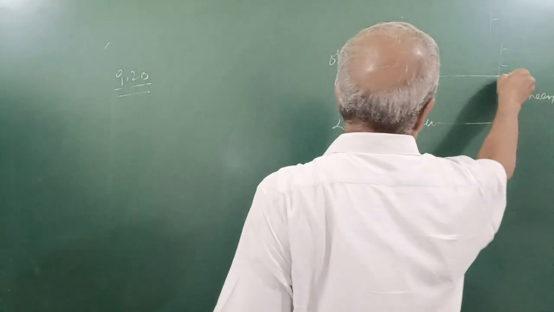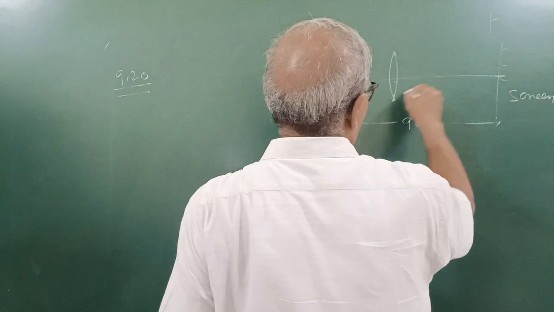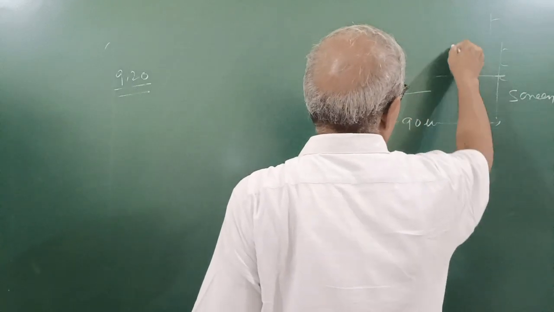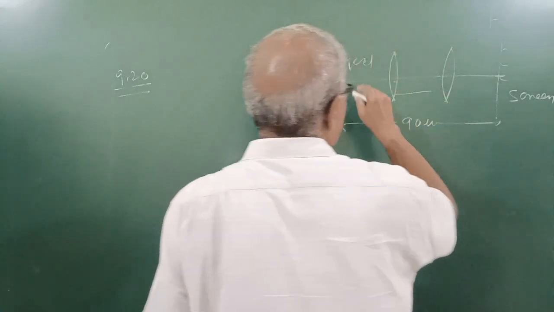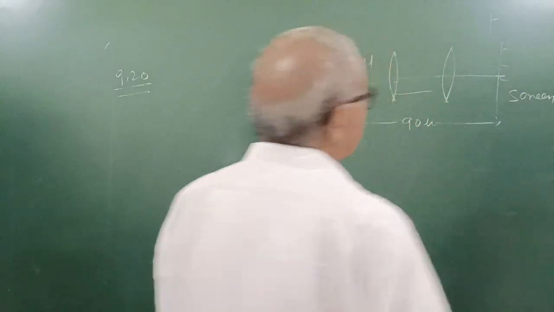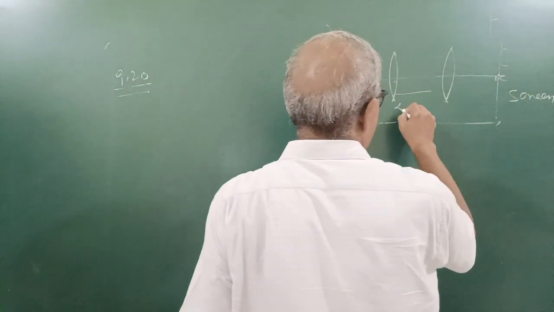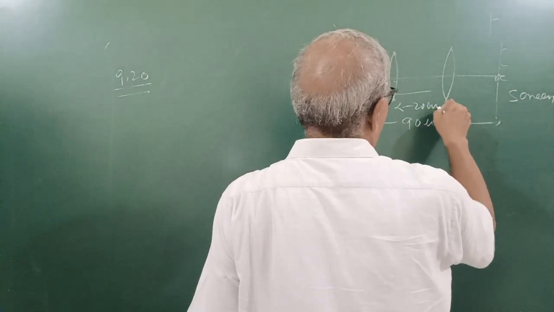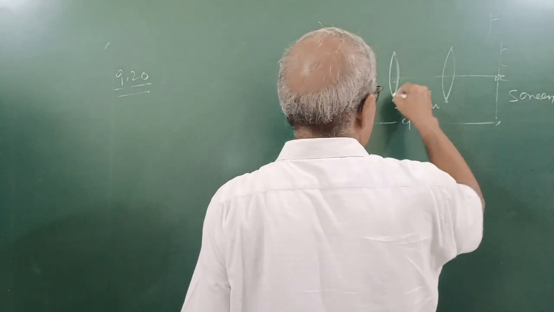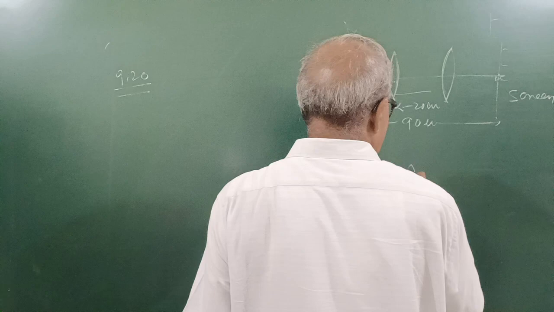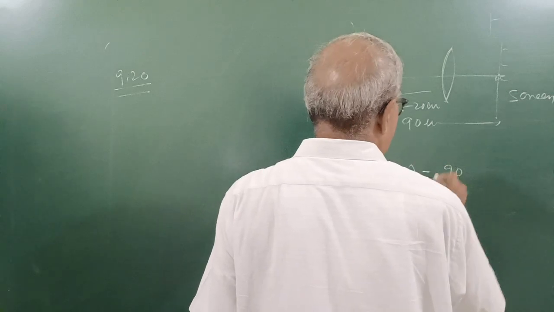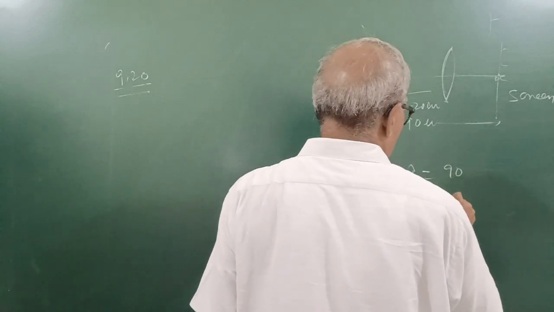So place the lens here and then place it 20 centimeter away from here, and we get the image in both cases on the screen. So what is the focal length of this lens? In this case, A is equal to 90 and B is equal to 20 centimeter.